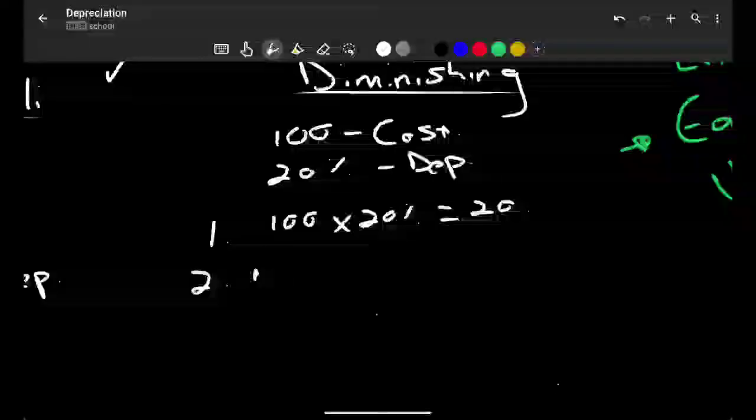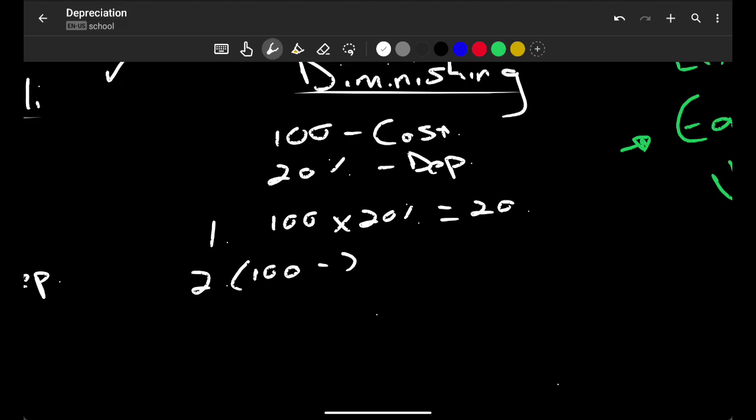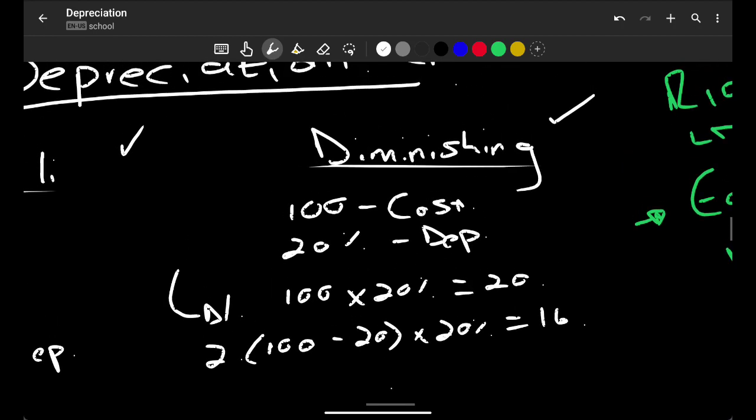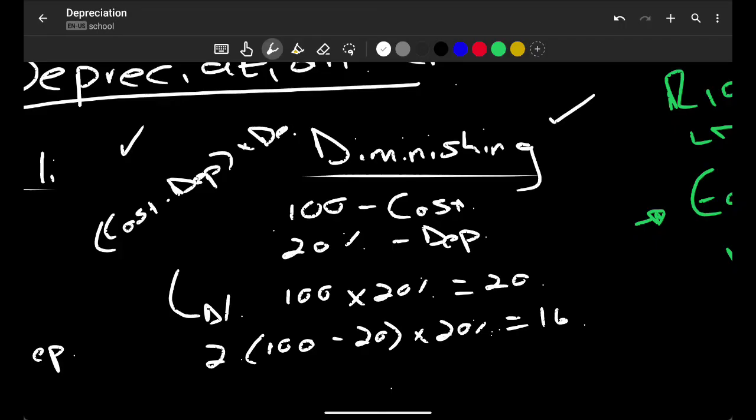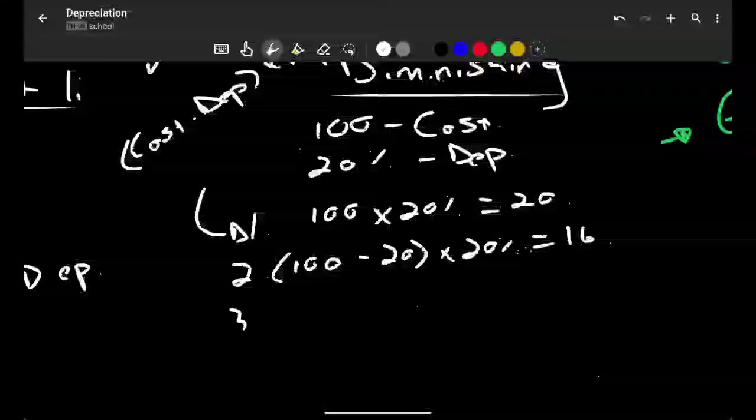Year 2 will be 100 rand minus 20 multiplied by 20%, equals, it's going to be 80 there, multiplied by 20% will be 16. Right? This changes because diminishing method is cost minus the previous year's depreciation in brackets multiplied by your depreciation percentage.